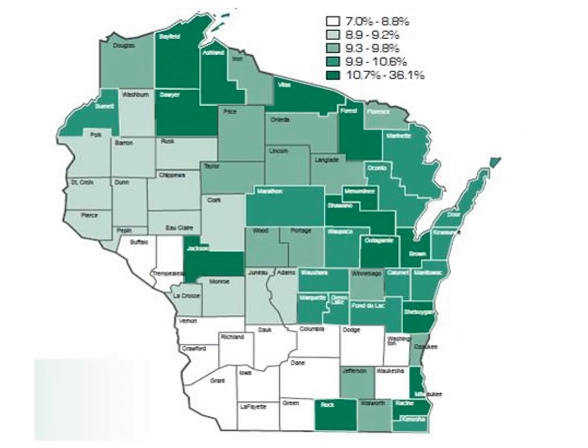Now let's look at Wisconsin. This is from the Department of Family Health Services, state of Wisconsin. And you can see the percent diabetes by county. The darker the county, the greater the prevalence.